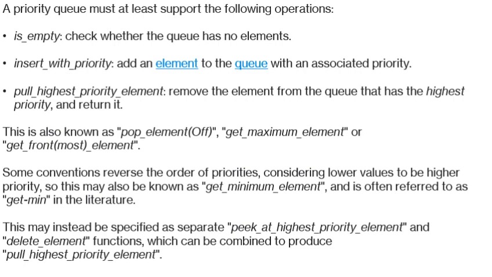This is also known as get minimum element and is often referred to as get minimum in the literature. This may instead be specified as separate peek at highest priority element and delete element functions, which can be combined to produce the pull highest priority element operation.